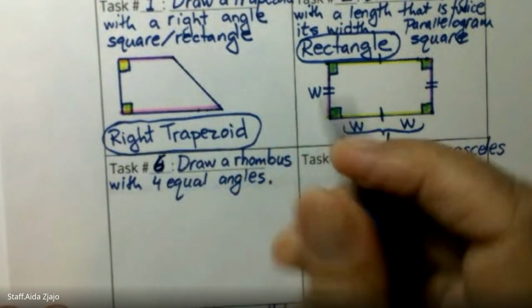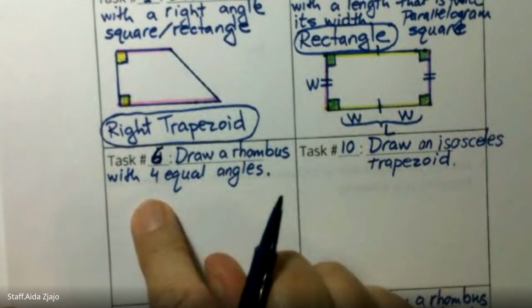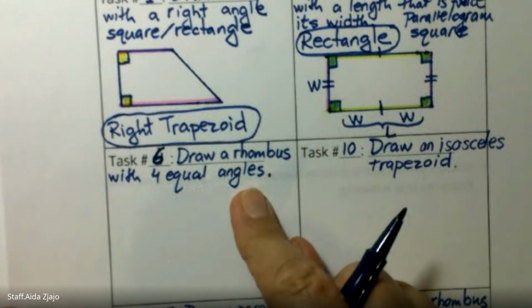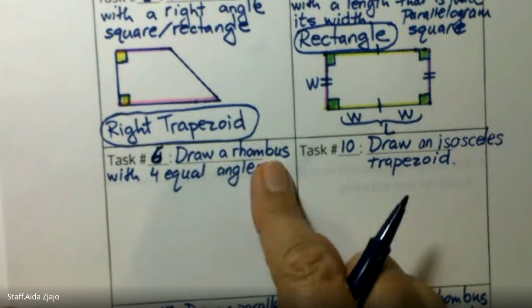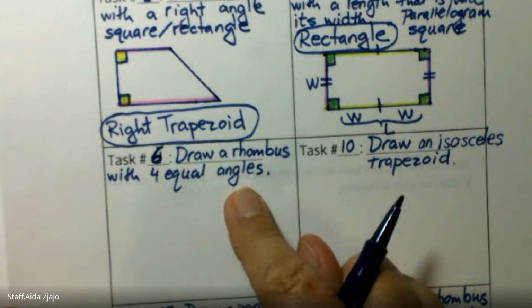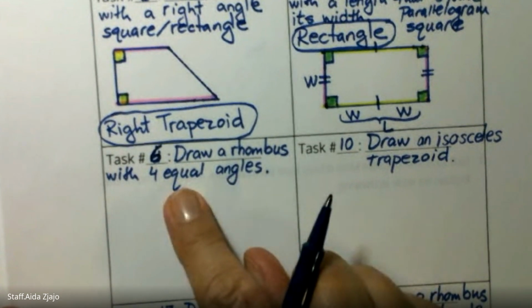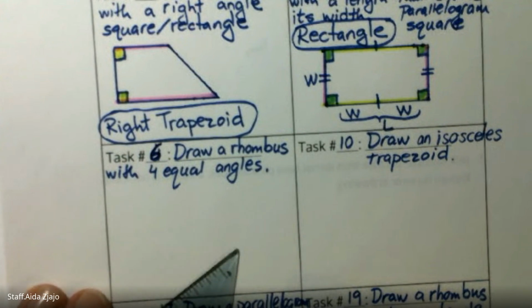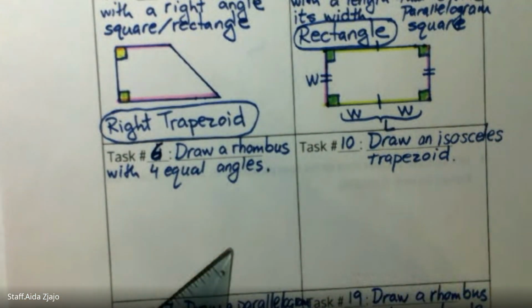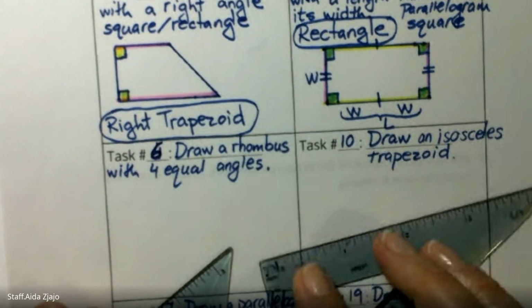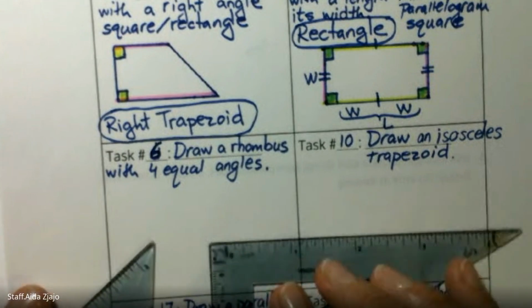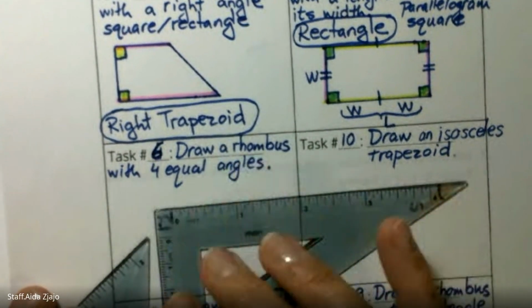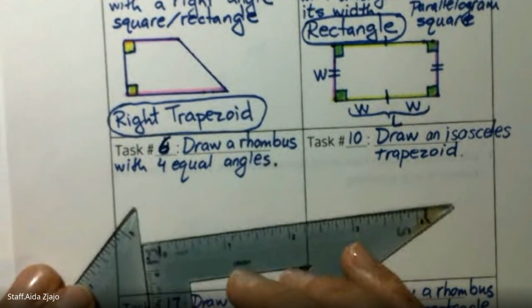Choose 6. Draw a rhombus with 4 equal angles. To be a rhombus, you need opposite angles congruent, but if all 4 are equal, then all opposite angles are equal as well. So the rhombus with 4 equal angles is actually a square.